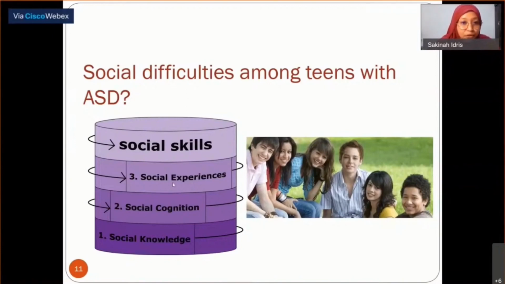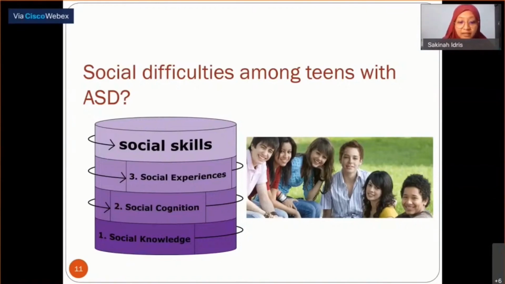And then we go to social experience. After you master the rules of social behavior, you need to know how to mix in a conversation. So you practice in school, at home, with your neighborhood friends, and practice frequently in different situations.